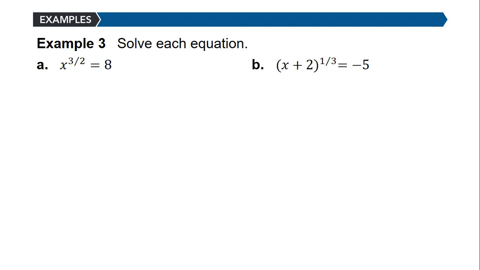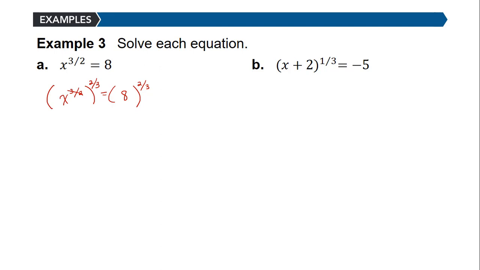So here are some examples. We have x to the 3/2 is equal to 8. To solve this equation, we need to raise each side of that equation to the reciprocal of 3/2, which is 2/3. Now, because the denominator of this exponent is odd, we will have just one solution. x to the 3/2 to the 2/3.